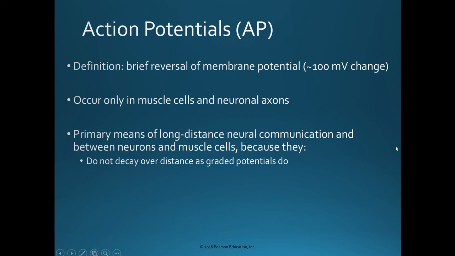Not that those aren't unique and needed too. And that is the end of that. We will talk more about action potentials and graded potentials when we actually get to Chapter 11. But to understand how muscles function, you do have to have at least the basics of depolarization and hyperpolarization and resting membrane potential, which is why we covered it here.